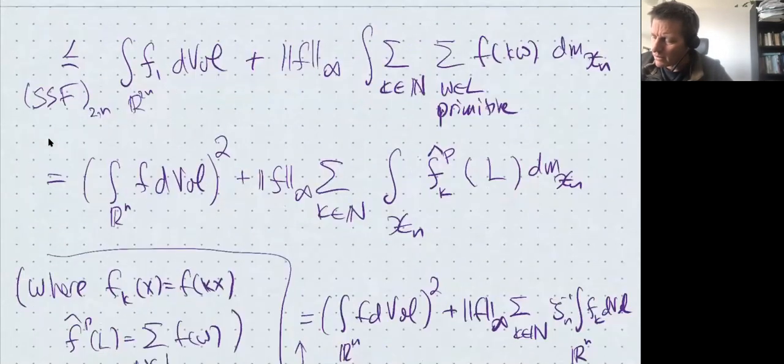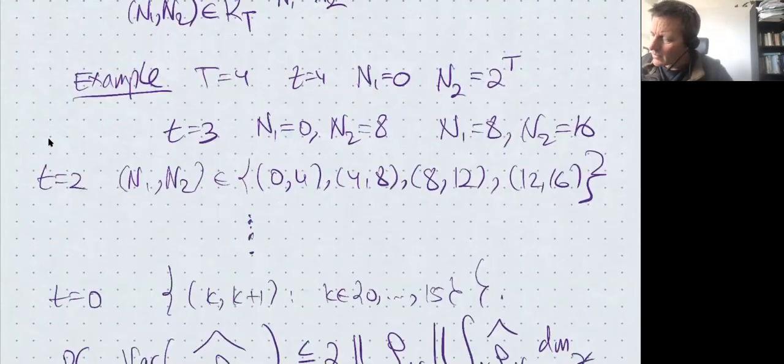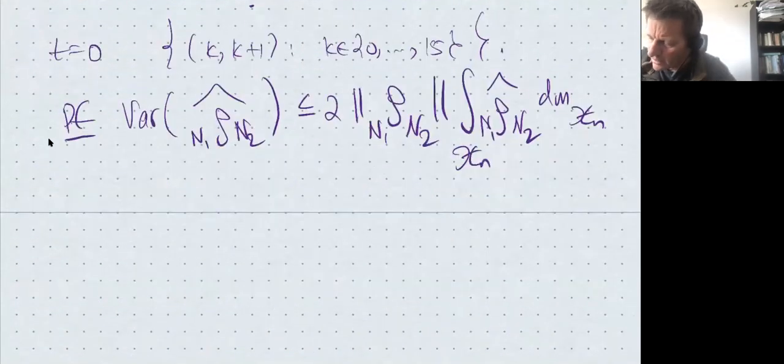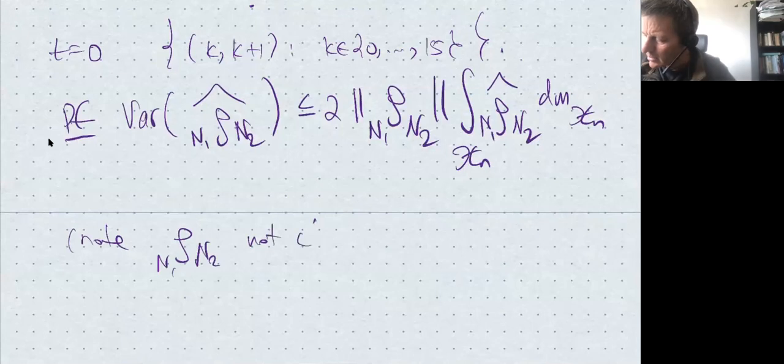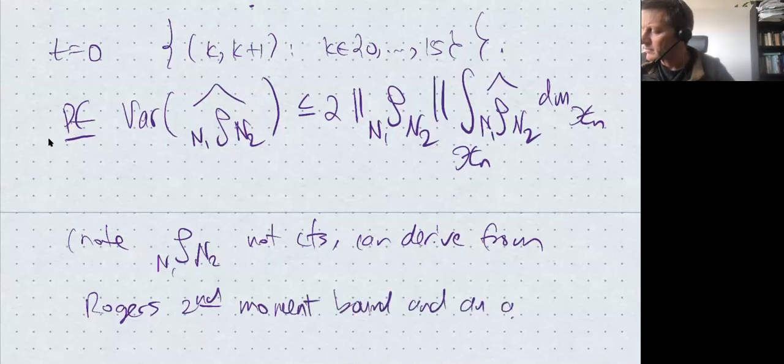Let me just write that down. Note rho n1, n2 is not continuous, but we can derive this from the Rogers second moment bound and an approximation argument.